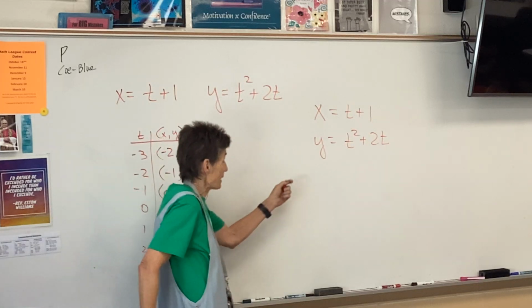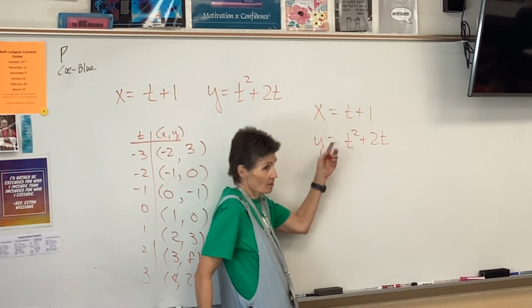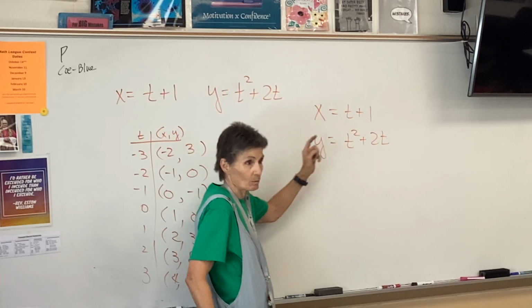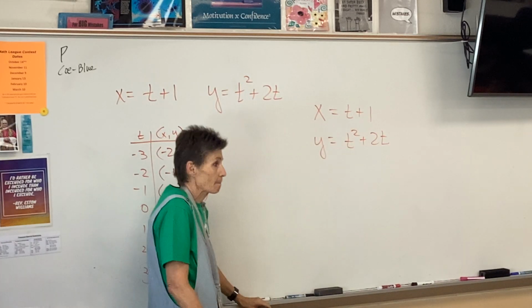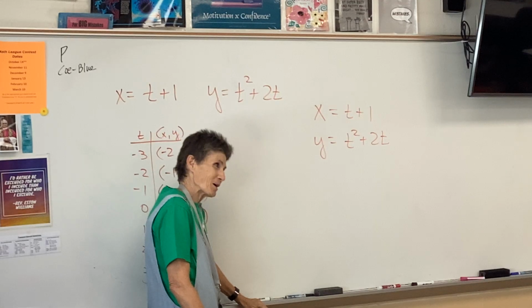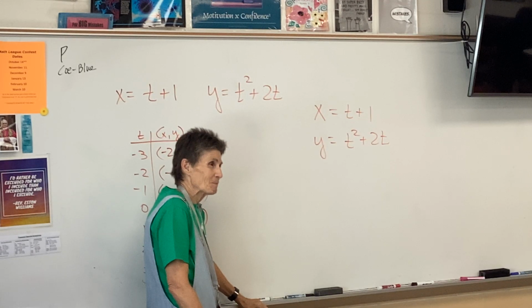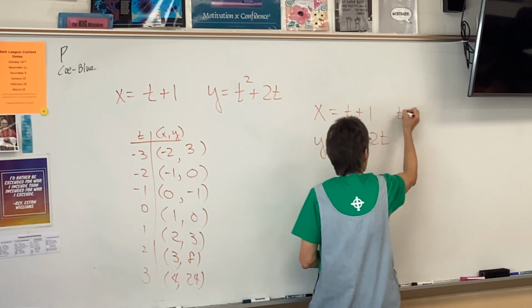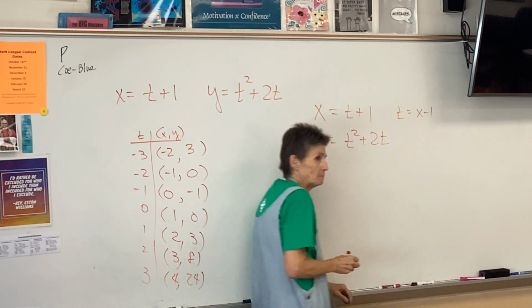Well, I can't really set them equal to each other because they're not equal to each other. If that had been y, then I could set them equal. No, but that's a great guess. Don't I know that t equals x minus 1?